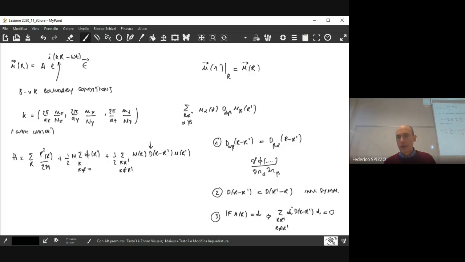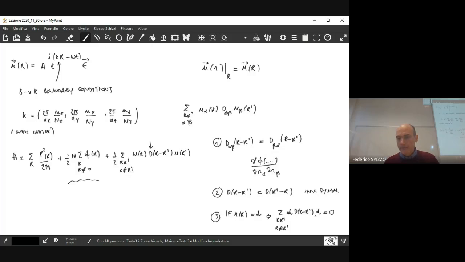You just make a translation of the full solid. So in this case, you expect that a uniform translation of the solid should not change the dynamic term because you have the static term for that. So the static term means all the ions in the equilibrium position, and if starting from that you displace all the ions by the same amount, then you have again only the static term, not the dynamic one, because you have no relative change of the position of the ions.